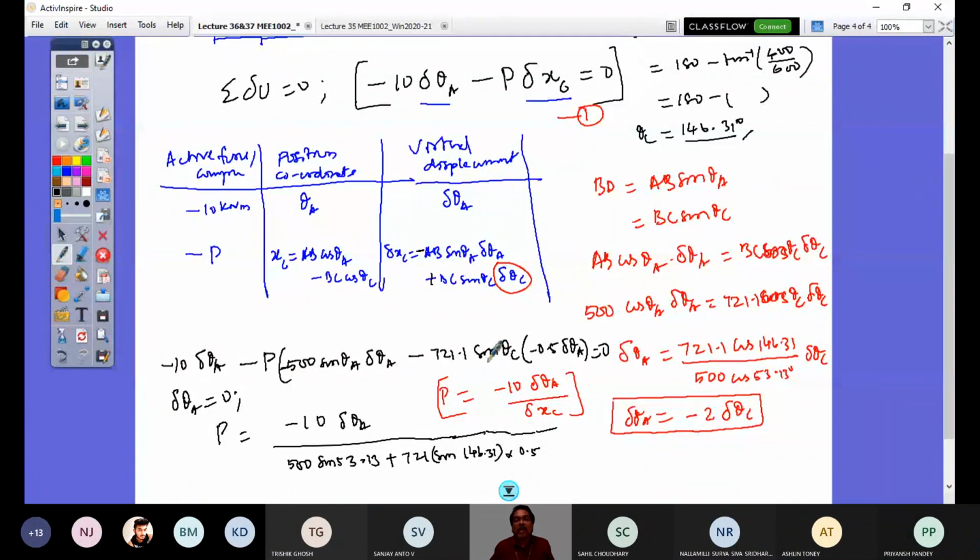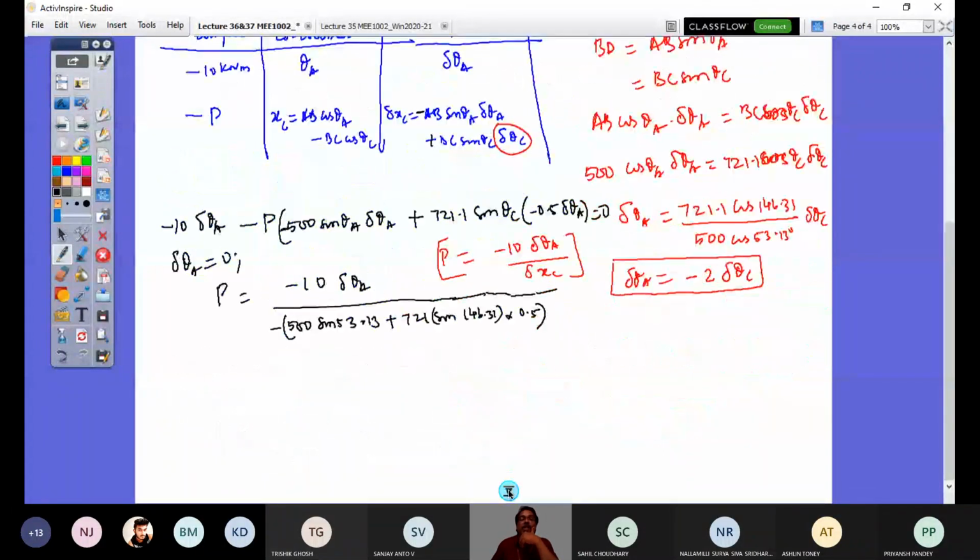So here I would have one minus sign, and that will be taken out. This minus minus goes off. I get the positive value of P. This we have to do very carefully. This small mistake finally gives the plus-minus problem. So this minus minus goes, and delta theta A is out here, so that goes off. I get now P value equals 16.67 kN.